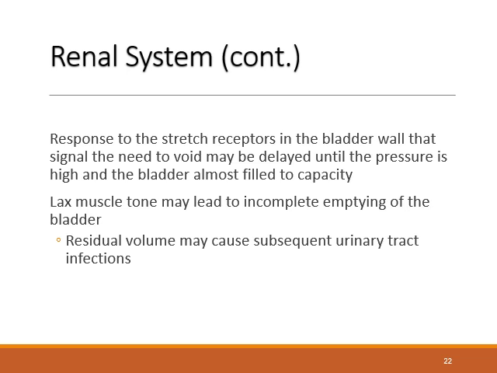Well, that little valve, I call it a door, but it's a valve, keeps you from urinating. It's loose. It could be most common in women because of childbearing. Residual volume may cause subsequent urinary tract infections. So holding on to the urine for too long or not emptying the bladder can lead to UTIs.